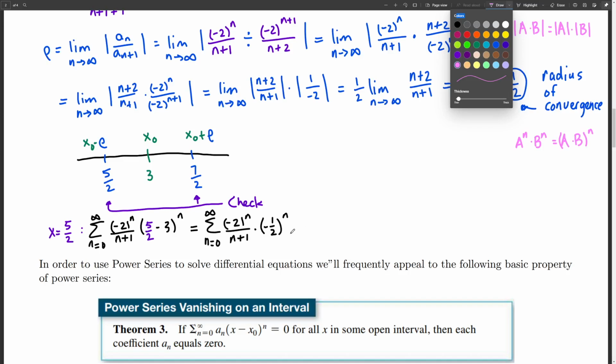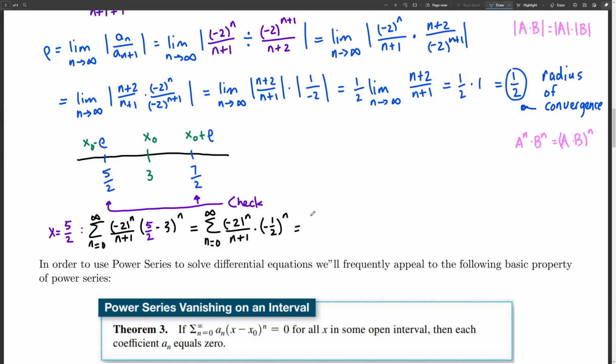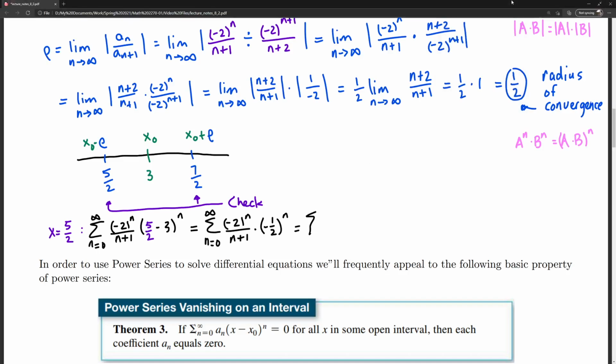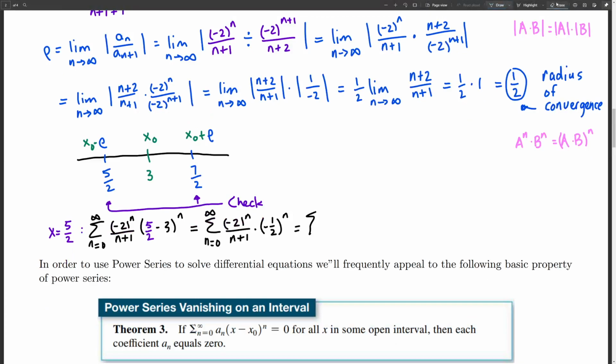And so our summation becomes the sum from n equals 0 to infinity of 1 to the power n, which is just 1 over n plus 1.